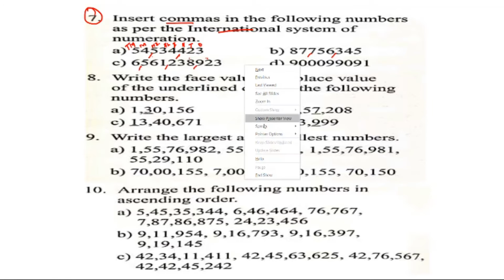Let me take the screen. Okay, the number is given to you. The number is 65612389223.